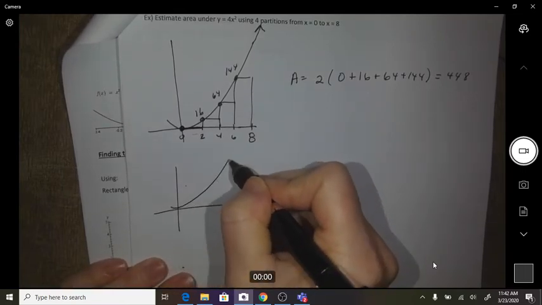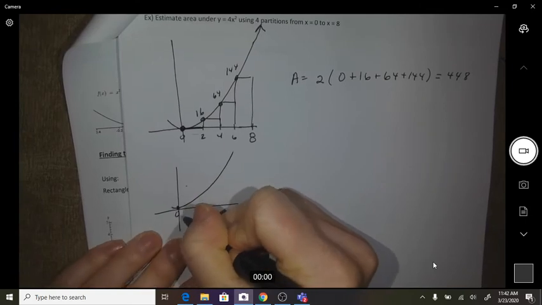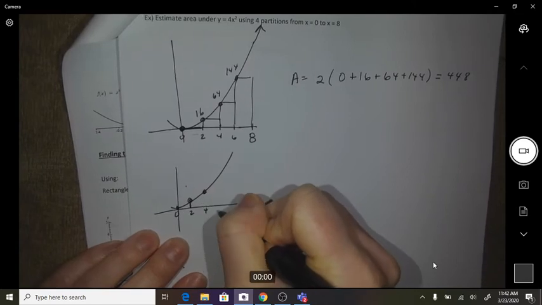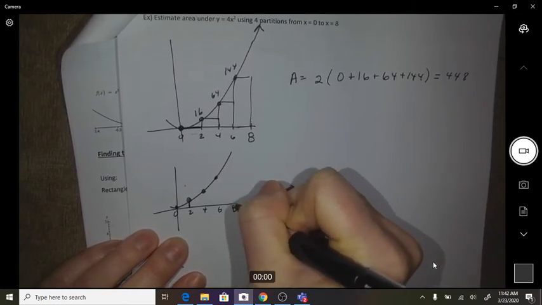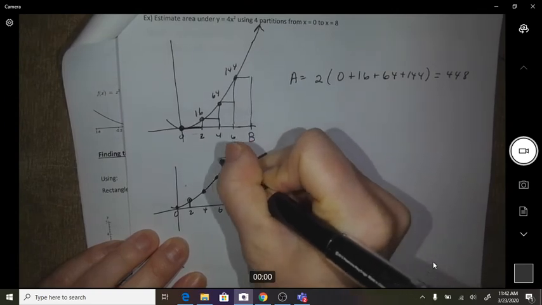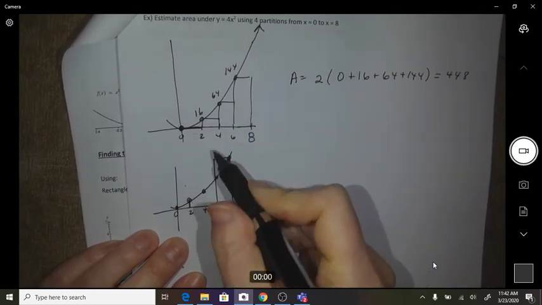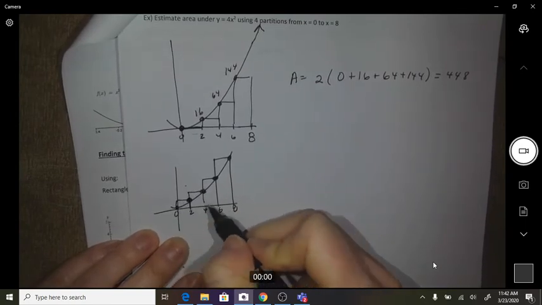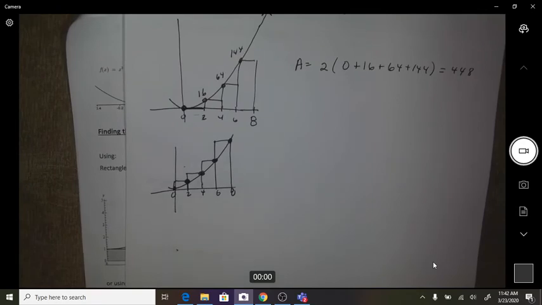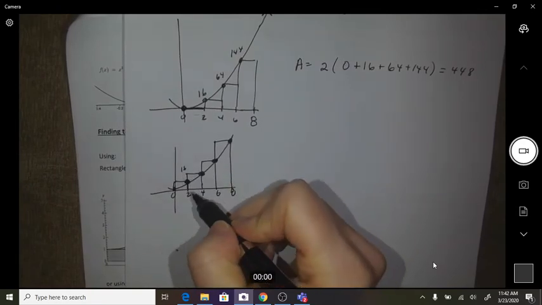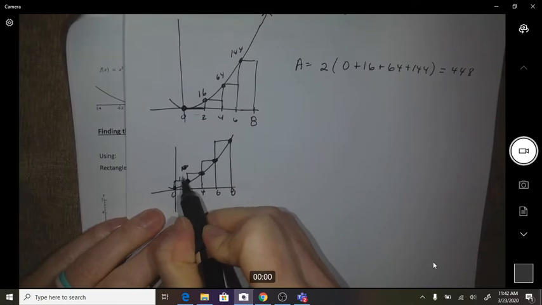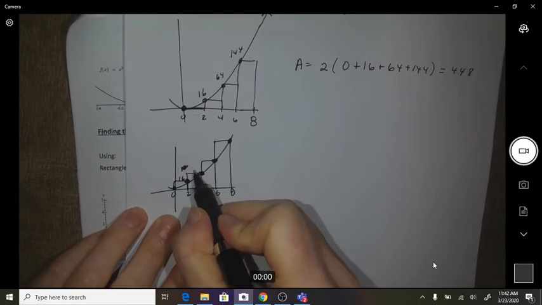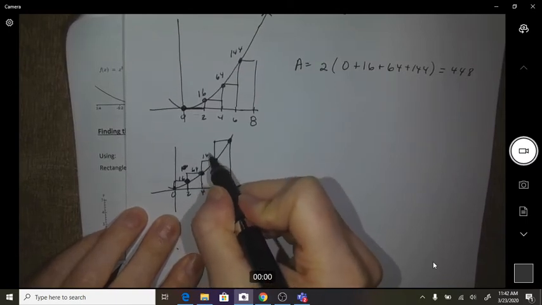Rectangles from the right. Here I'm going to start from the right-hand side: at 8, at 6, at 4, and at 2. Oops, I don't want to put that there, I'll put this there so it doesn't mix you up. That's 16 at 2, that rectangle is 64, then 144.